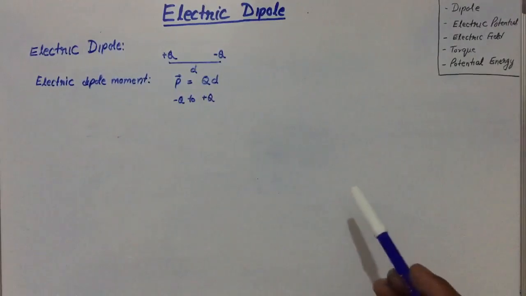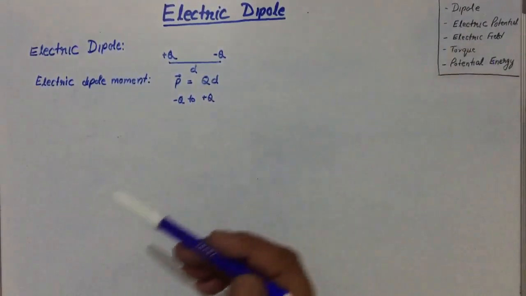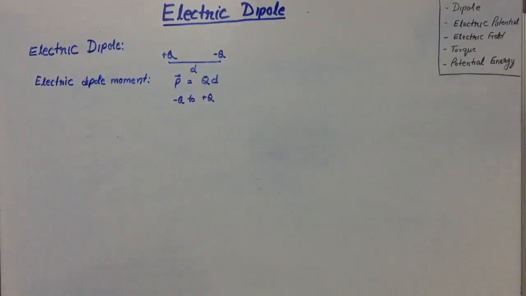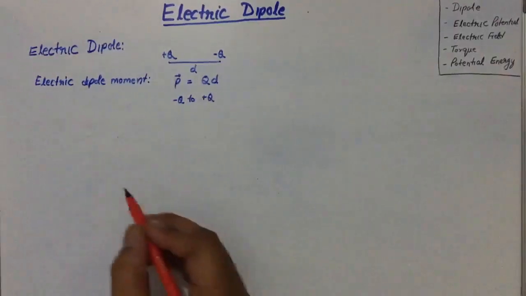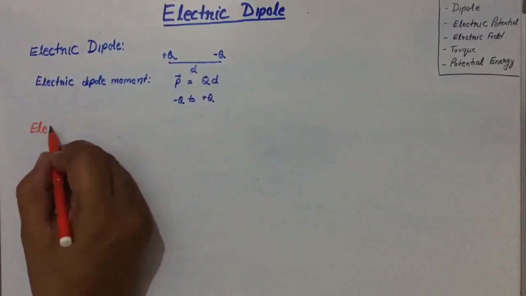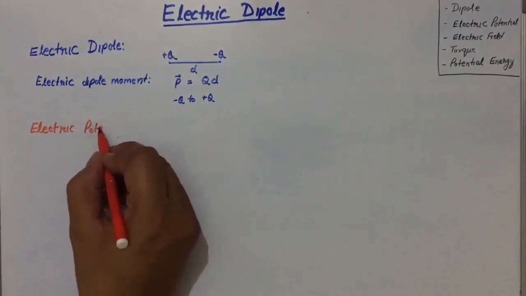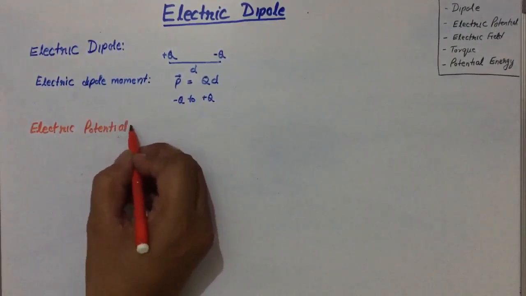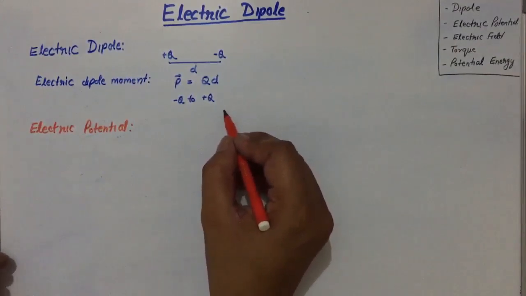So the first term that we wish to define is the electric potential due to the dipole system. This is the main term that we wish to cover today.